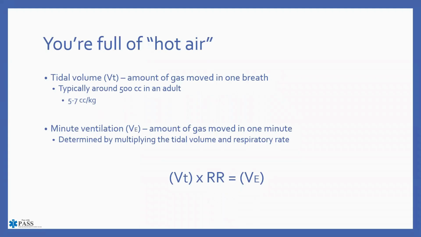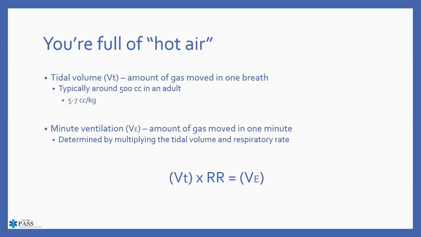And again, that's a whole different topic, but I want you to be familiar with that 5 to 7 cc's per kilo, because I do know that some of you have a transport ventilator with the ability to change how much tidal volume that you're delivering, and you don't want to cause barotrauma by giving too much tidal volume. So the way that we prevent that is we start at 5, and then we kind of titrate to the effect beyond that portion.